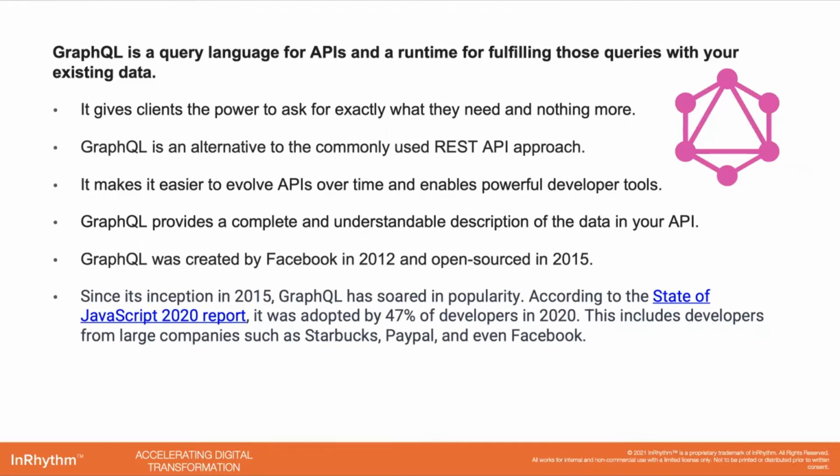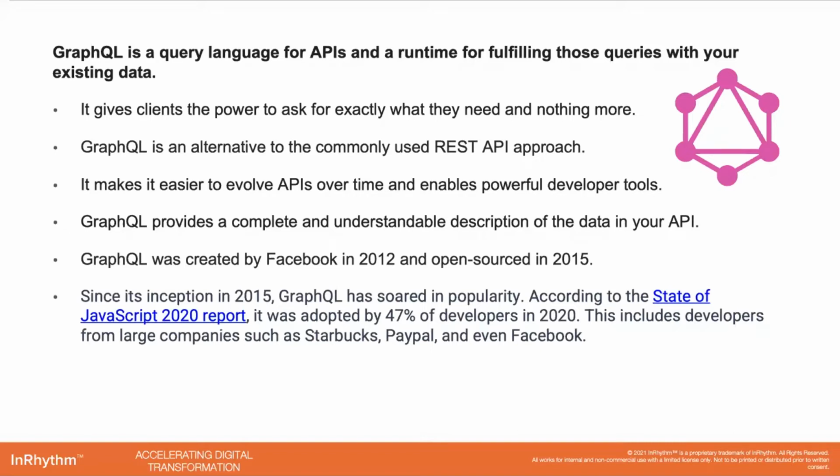Since with REST API, you get lots of data which you may not need, especially on low bandwidth networks, it creates some load. Facebook was thinking about how to solve this issue and how to provide the data the app actually needs. So they came up with creating GraphQL.